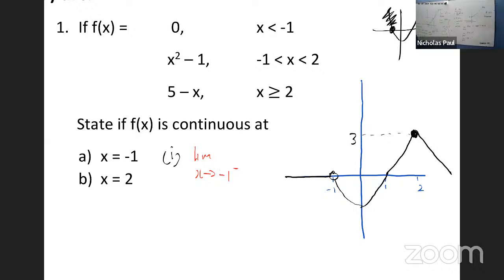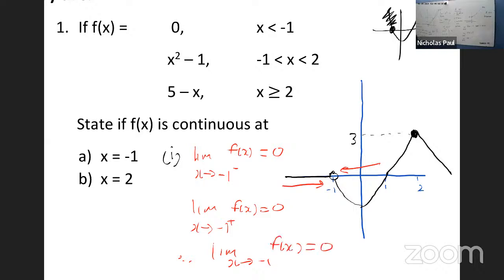Approaching minus 1 from the left, you're still getting 0. When you approach minus 1 from the right, you're also getting 0. Limit exists? Yep. The limit as x approaches minus 1 of f of x is 0. Everybody okay with that?